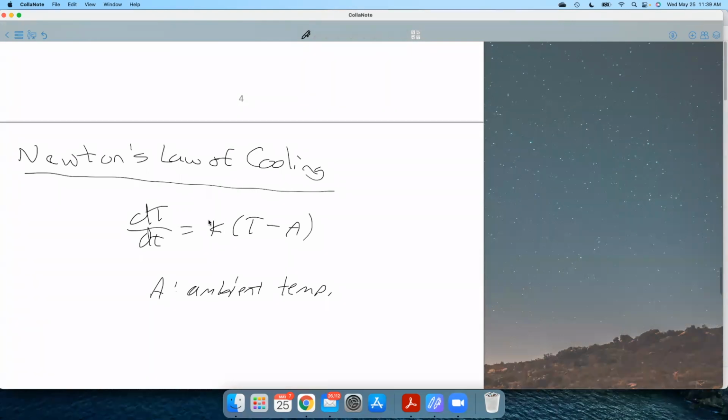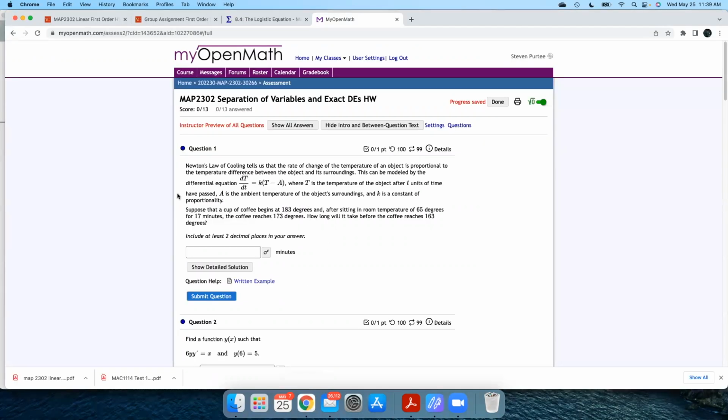Or this K value would be twice as big. It's really complicated, so we normally find this K value experimentally, which is exactly what this homework problem was doing. A good example of Newton's law of cooling is on CSI, when the medical examiner looks at a body and says, this body died between 6 and 8 hours ago.